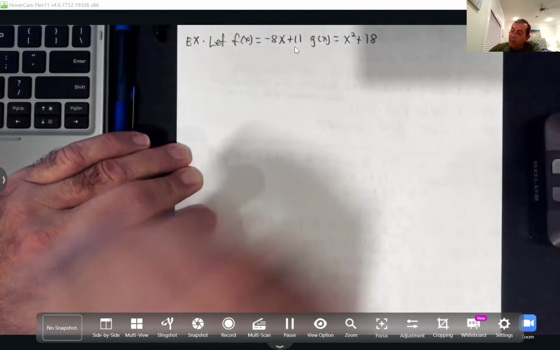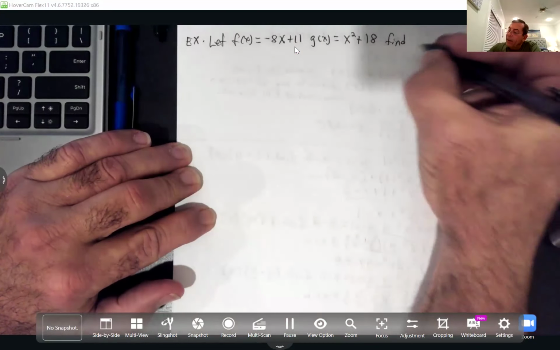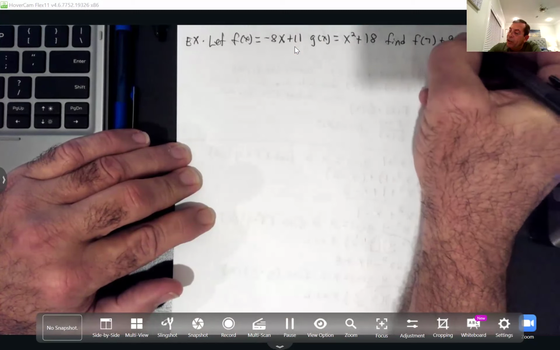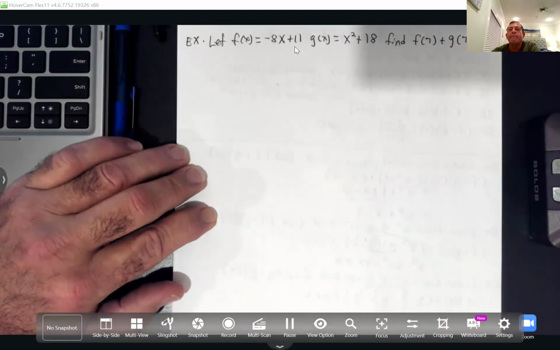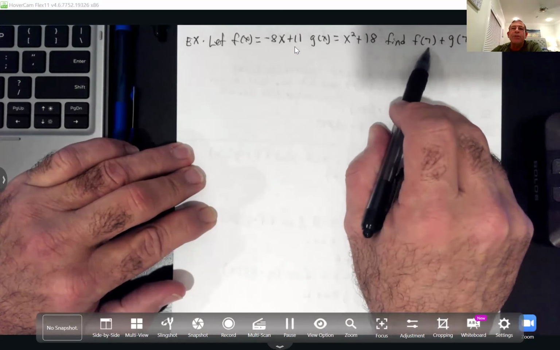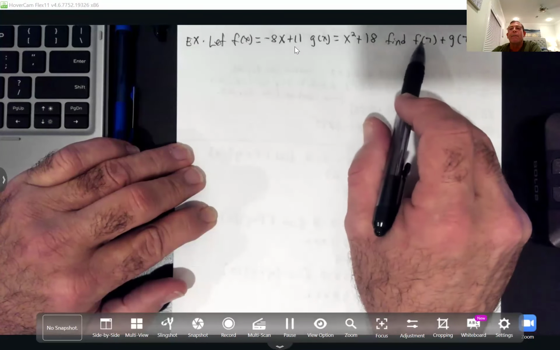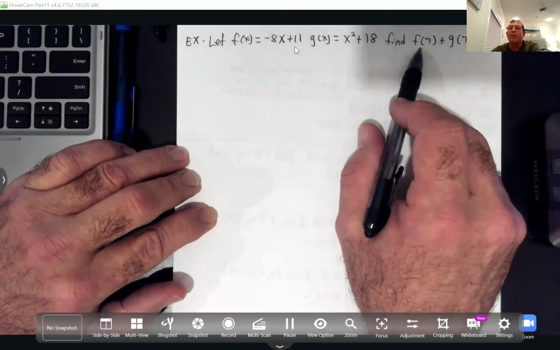But y'all, here's the curveball. They want us to find f of 7 plus g of 7. So look at that. They're giving me numbers to put in for the variables on these functions. Okay? So I don't have just x's here now. I got numbers.